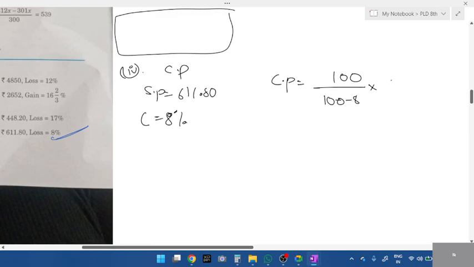If I remove the decimal, how should I write? 611.8. If I remove the decimal, what is 100 minus 8, students? 100 minus 8 is 92. If I remove the decimal, how can I write this? 611. Yes, 61180 by 100.